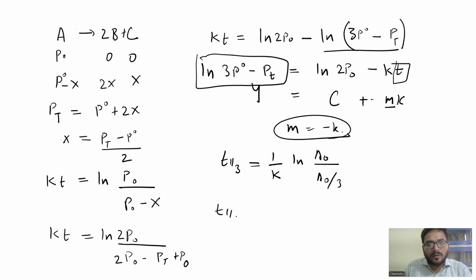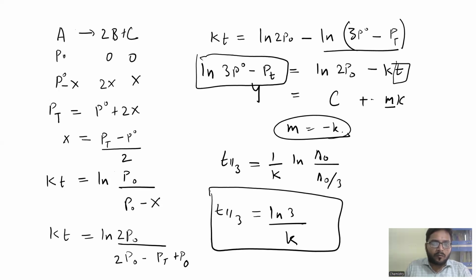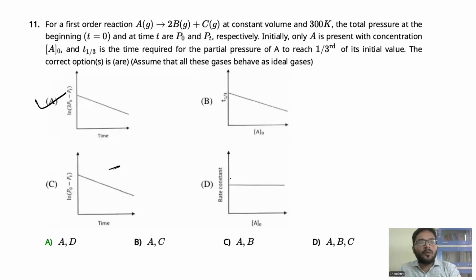Therefore, T1 by 3 is equal to ln 3 by K. So the time required for completion of one third of the reactant is independent of the initial concentration. I hope you got it. So the rate constant will also be independent of initial concentration.